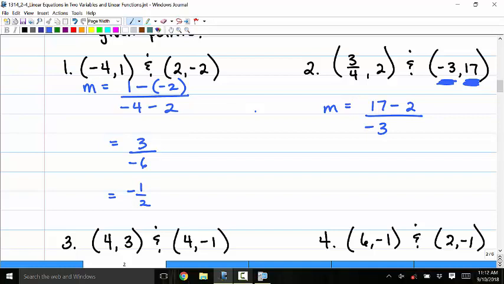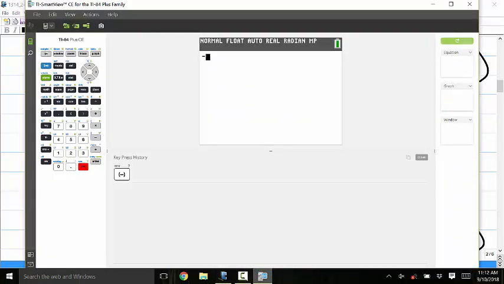So -3 minus 3/4. 17 minus 2 is 15 over, I have no clue, -3 minus 3/4.